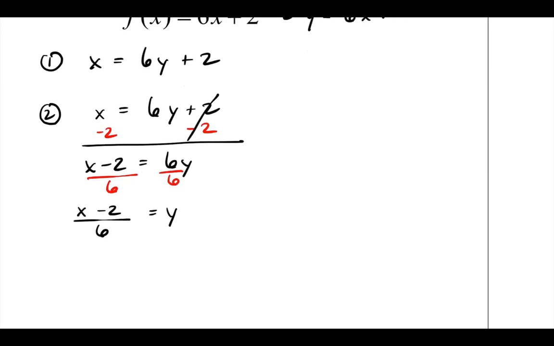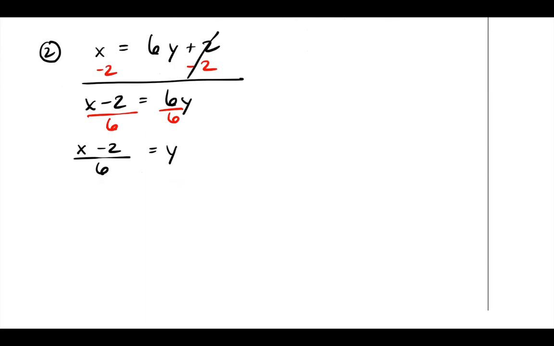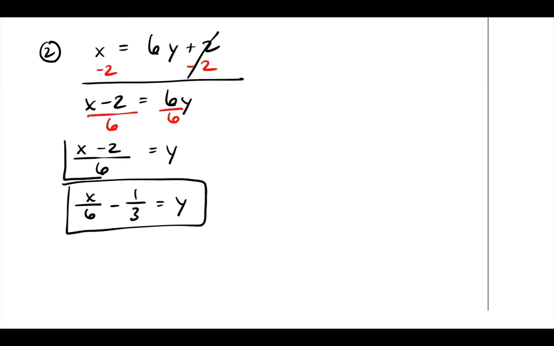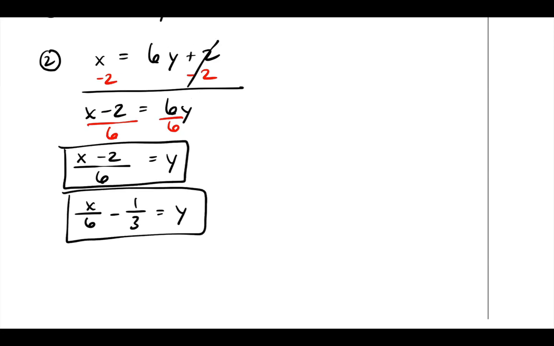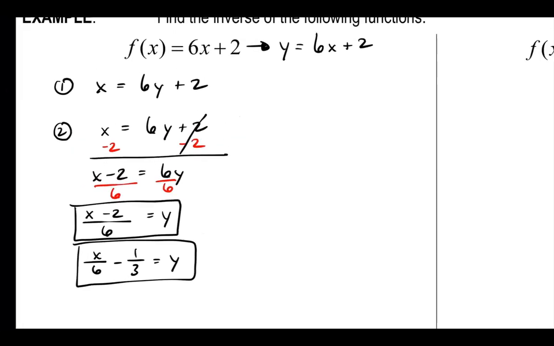And since it's all divided by 6, you can have it like this too: it would be 2 over 6, because they're both divided by 6, x and -2. But then 2 over 6 makes 1/3. Either one is okay. So this is the inverse. Now look at the inverse and look at the original. The inverse is here.